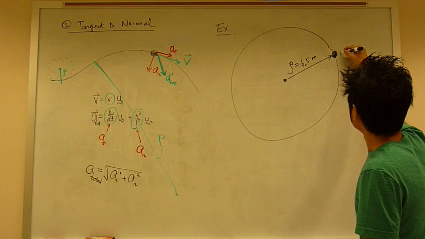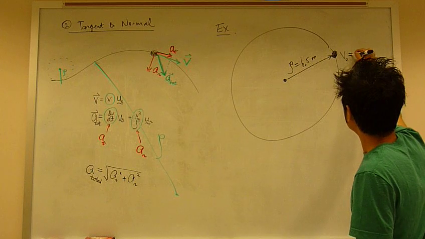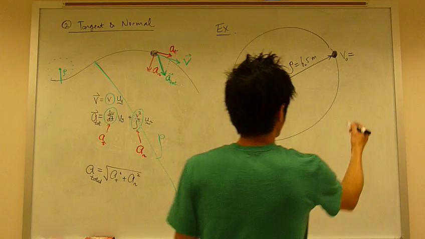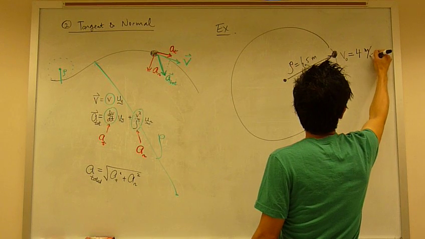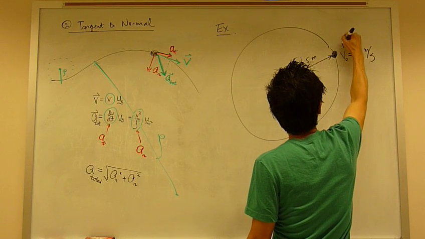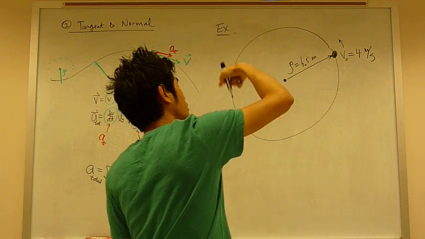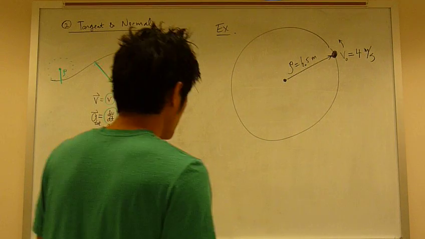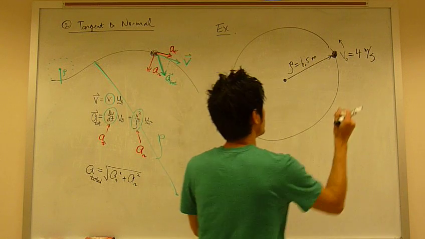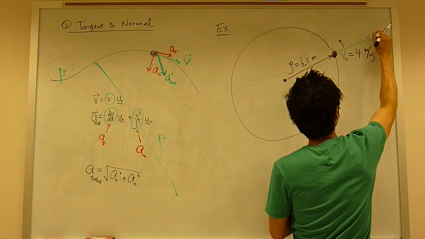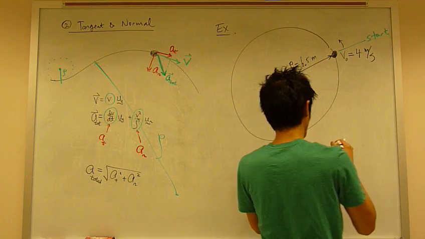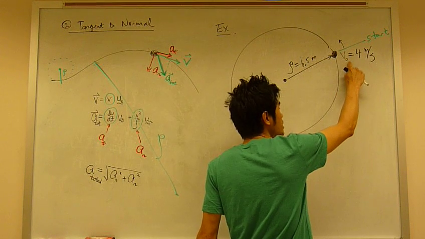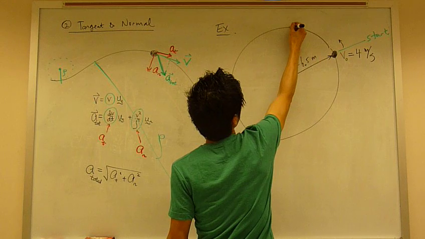So this particle initially, V0, is at 4 meters per second, and it's traveling counterclockwise. This is the starting point. So you say start. So the starting point has an initial velocity of 4 meters per second.